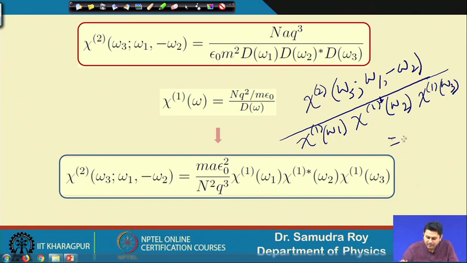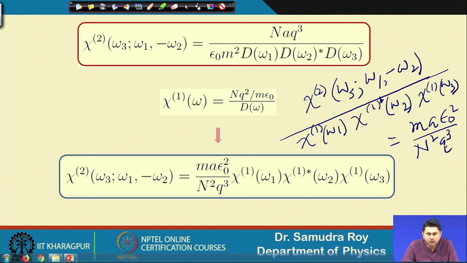This ratio is m A ε0², then N² q³. So, this quantity m A ε0² N² q³ is a constant.